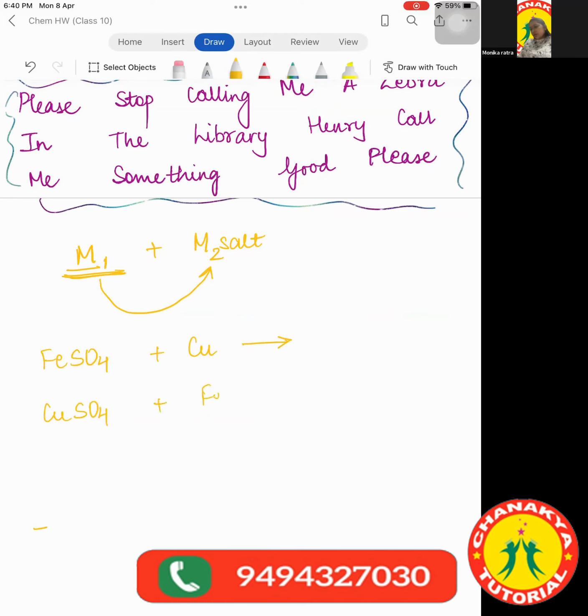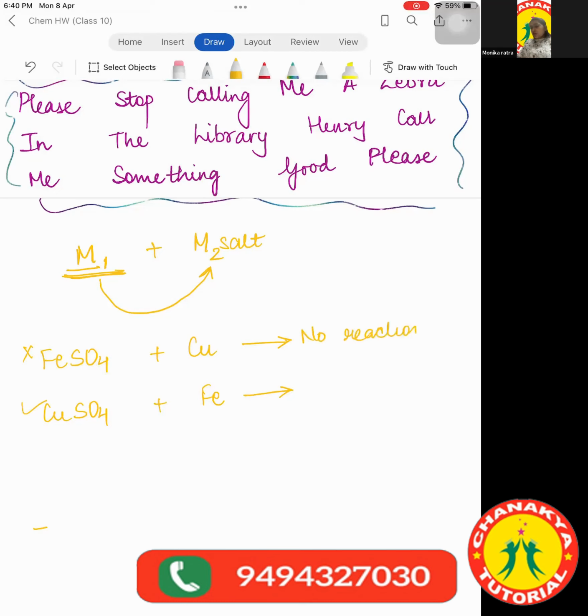What do you think about these two reactions? Ma'am, the first one won't occur and the second one would. What about the others? Ma'am, the second one. The second one will take place, whereas the first one will not. You have to write no reaction.